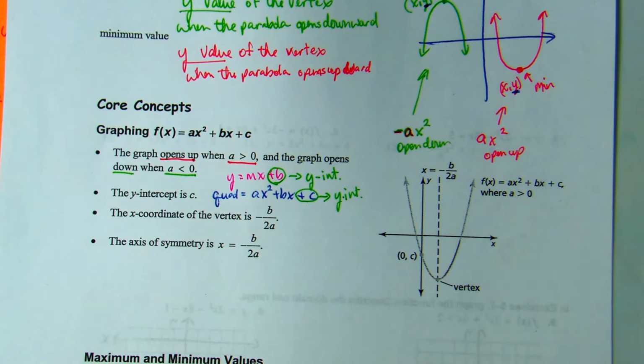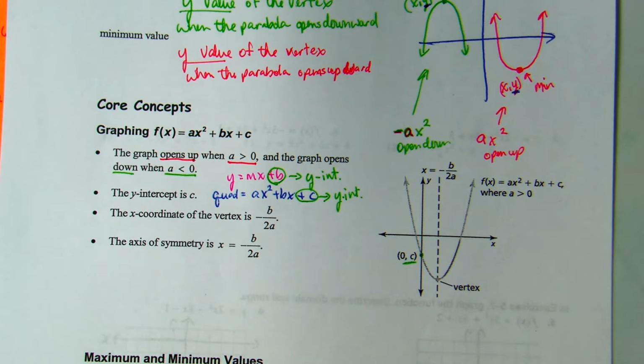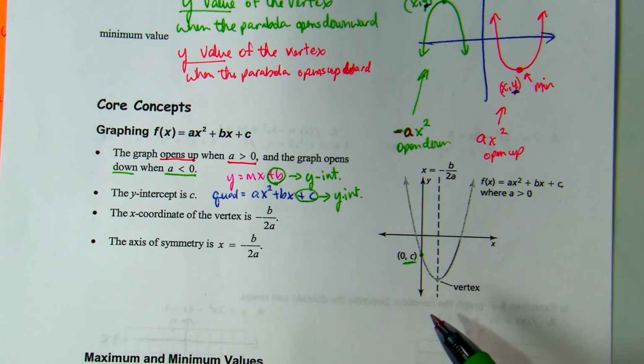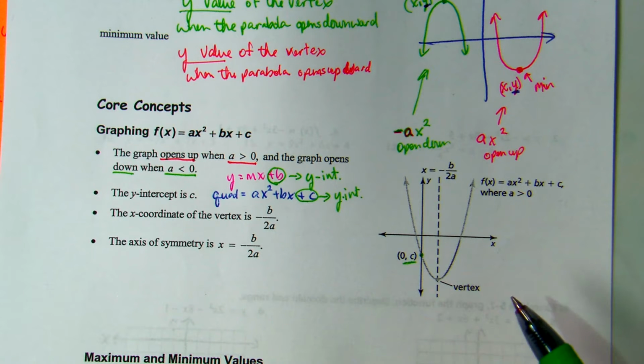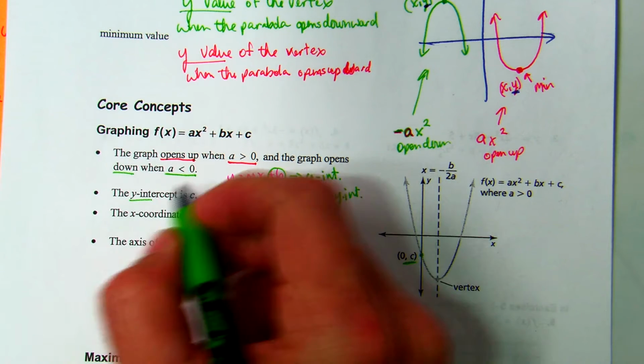It's still where the graph is going to cross the y-axis. If you notice over here, c is still the point where that graph crosses the y-axis. So that's one thing that can help us when we're looking at graphing in relationship to the equation or the function itself. So the y-intercept is still the c.